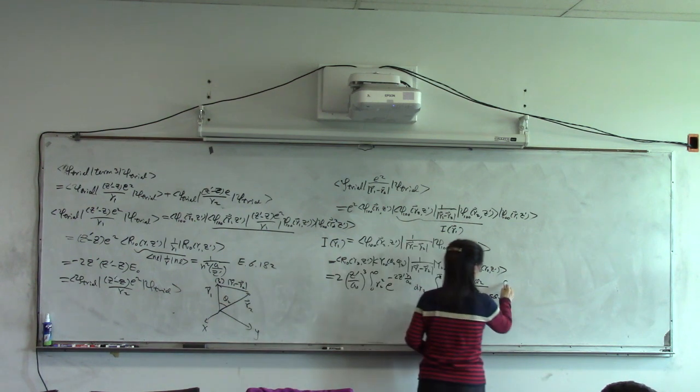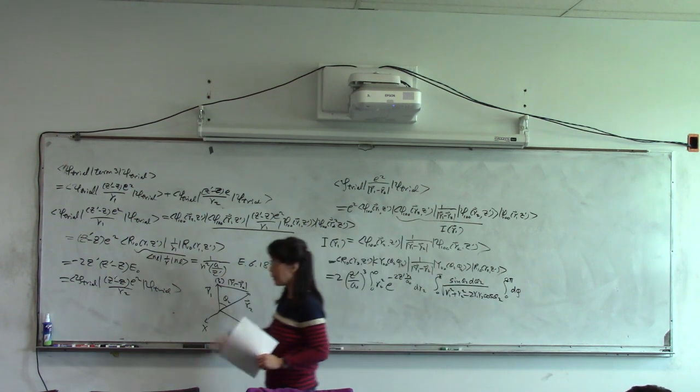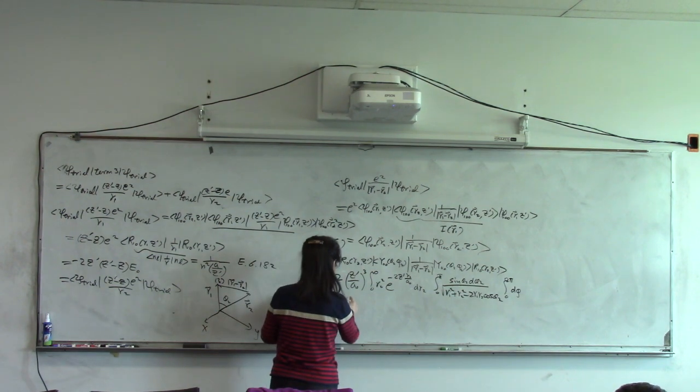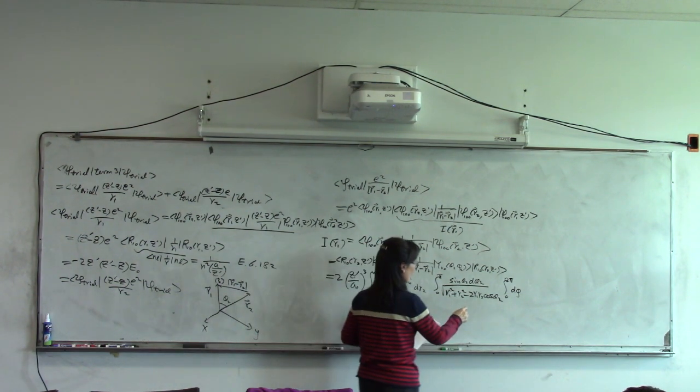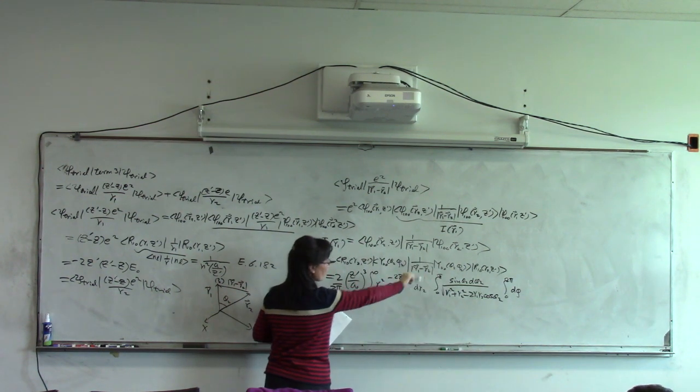And for the other angle, phi is from 0 to 2 pi, but no function depends on it, so that integral just gives 2 pi, right? Then after that you can see.